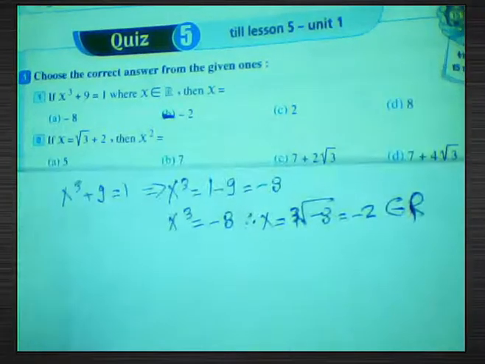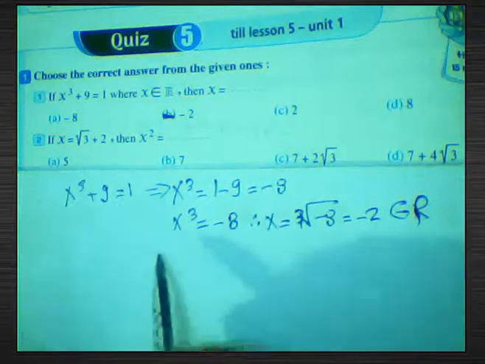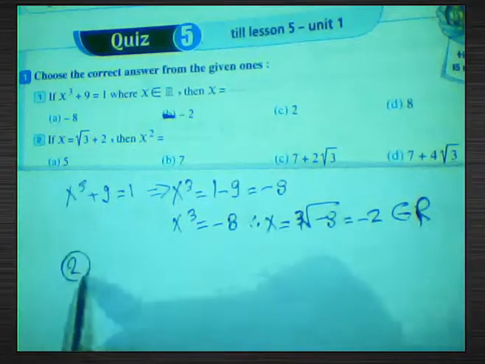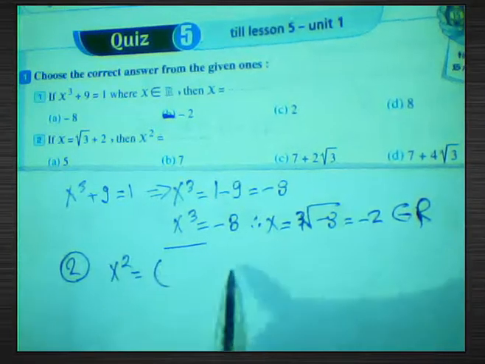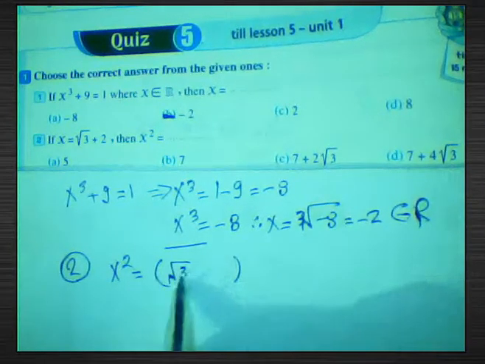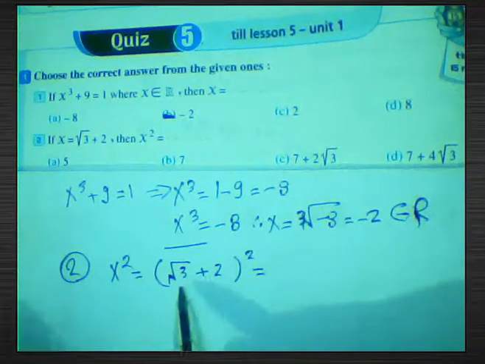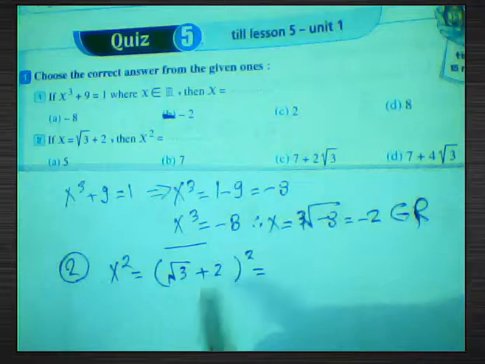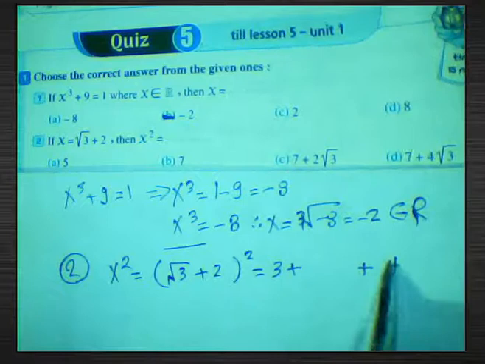Question number 2. If x equals square root of 3 plus 2, then x power 2 equal? Look with me here. x power 2. We will write square root of 3 plus 2 in parentheses, power 2. First, we find the result of root 3 to power 2 equal 3. 2 power 2 equal 4.